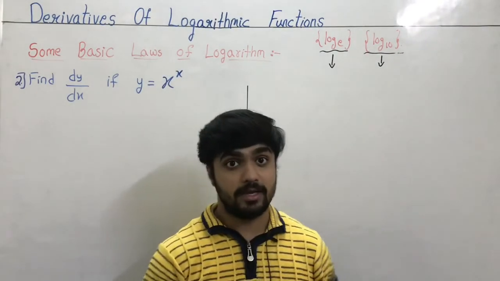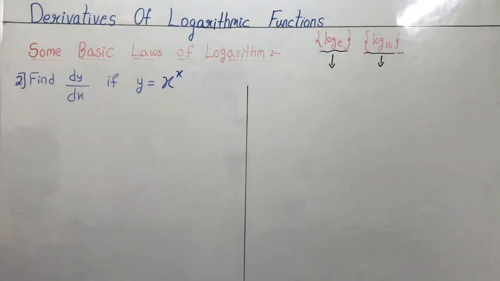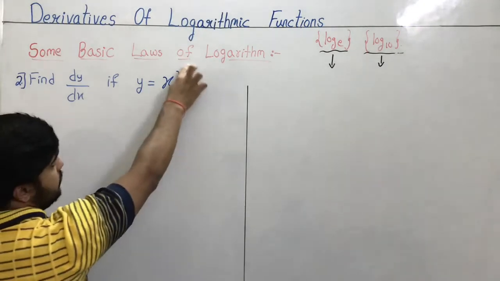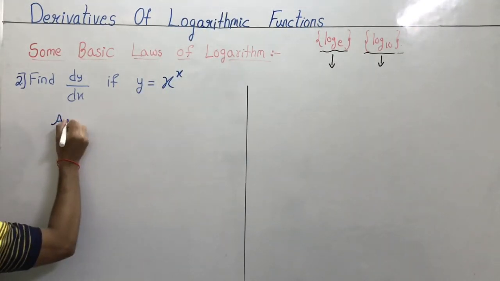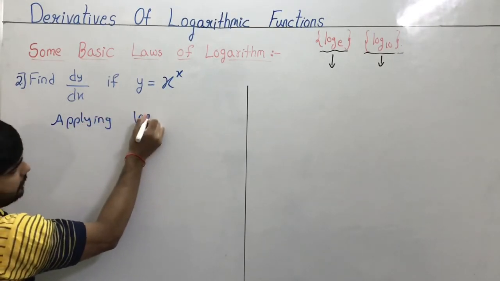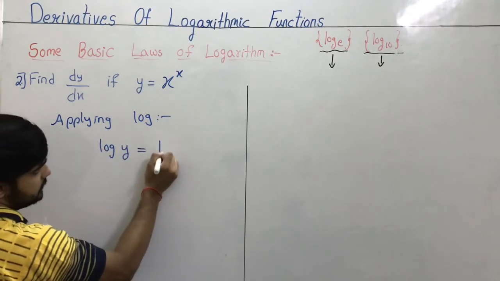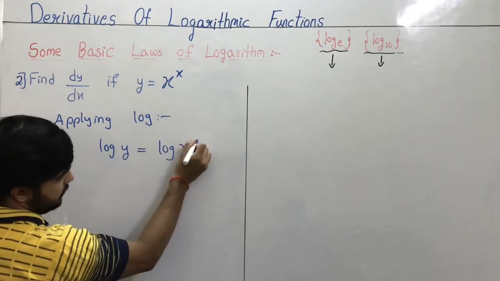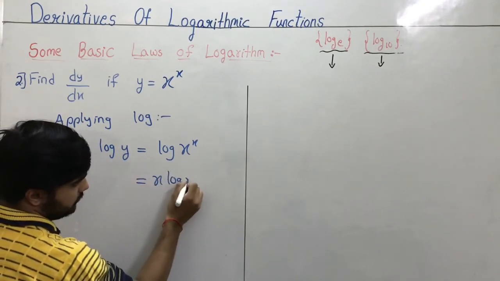So our next numerical is: find dy by dx if y is equal to x raised to x. Here we'll apply log on both the sides. Applying log, we get log of y is equal to log of x raised to x, which is nothing but x log of x.